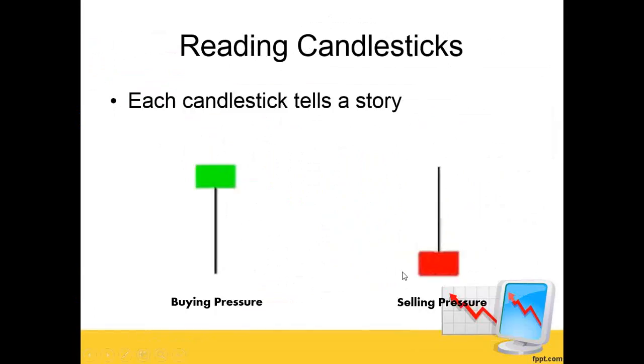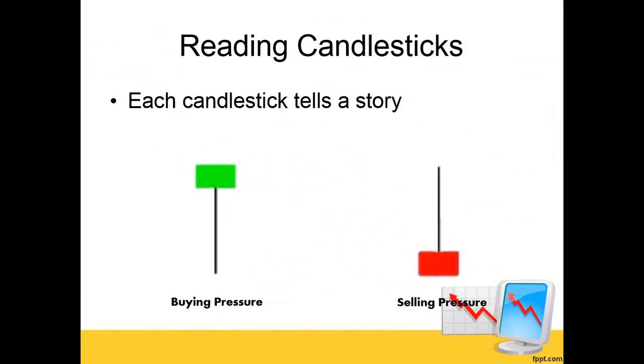Right. So now this is where we actually need candlesticks. Each candlestick tells you a story. Each and every candlestick tells a story. What do you mean by that? Depending on what happened on the candlestick, it tells you where the market is going.